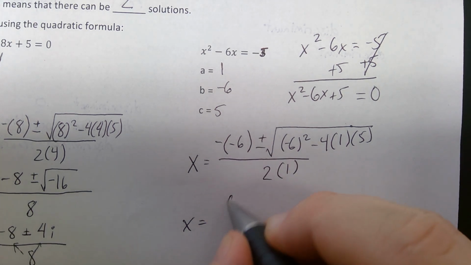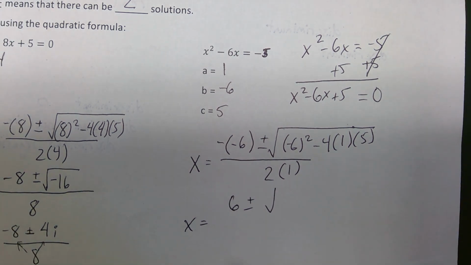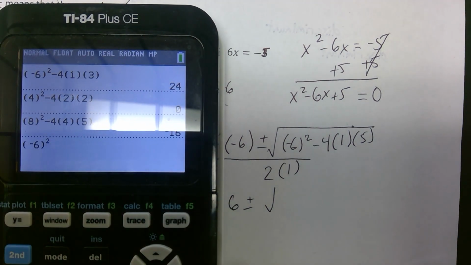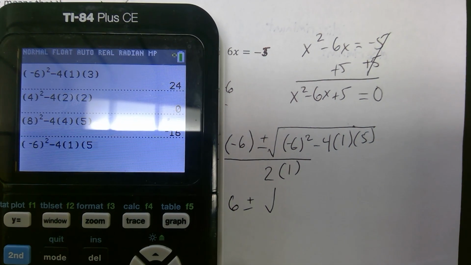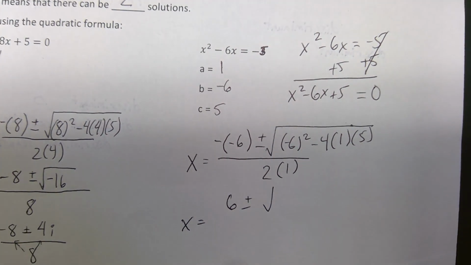Negative times a negative gives us a positive, plus or minus a square root. Let's see, that's going to give us negative 6 squared minus 4 times 1 times 5. Whoops. There we go. Positive 16.